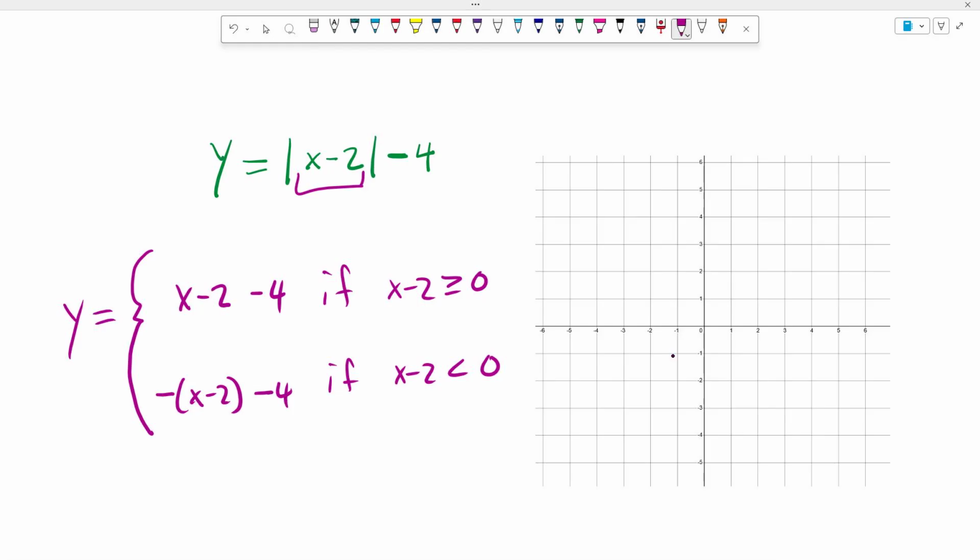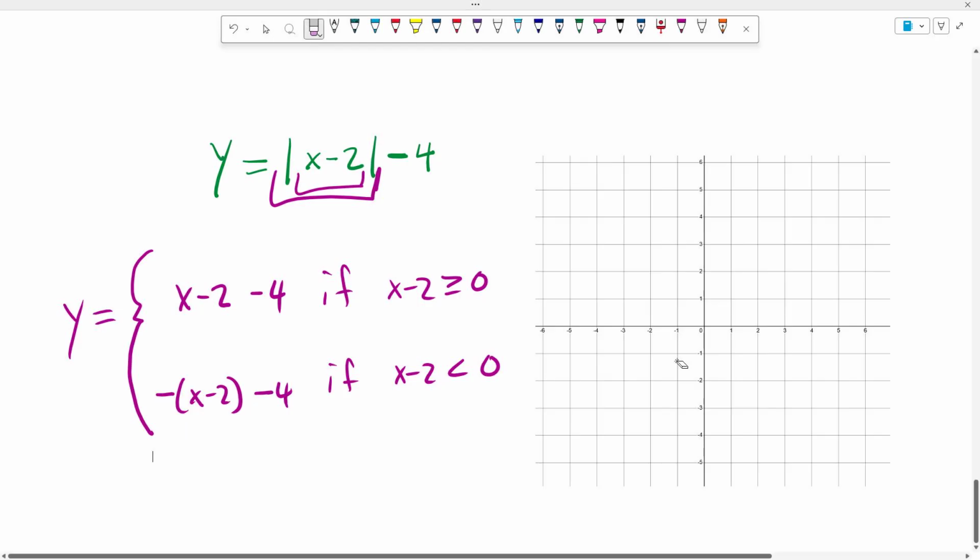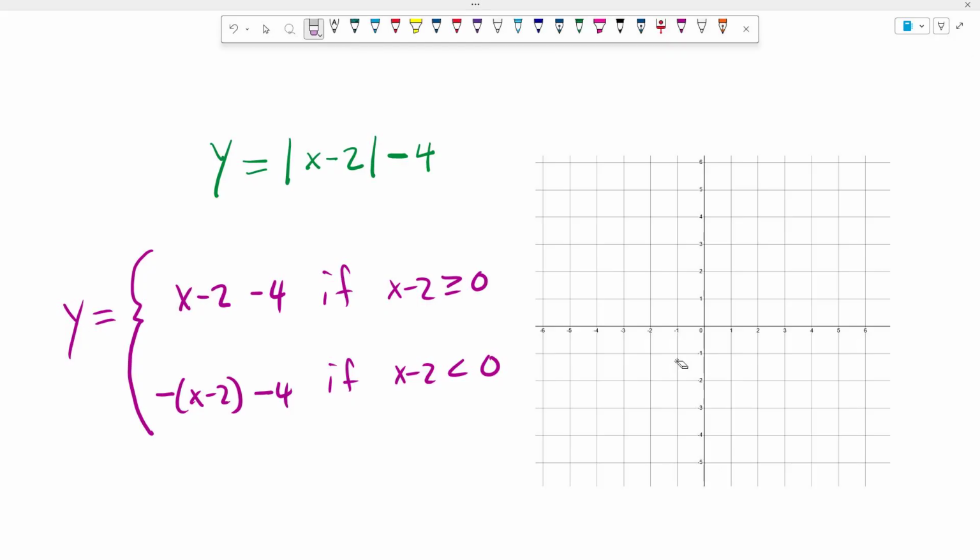Why wouldn't you move the 4 over to the other side? We always want y by itself. You could, but then it gets super complicated. Okay. Right, so this guy right here is this piece and this piece. Or not piece, but the expression. And then the minus 4 just stays on the outside.